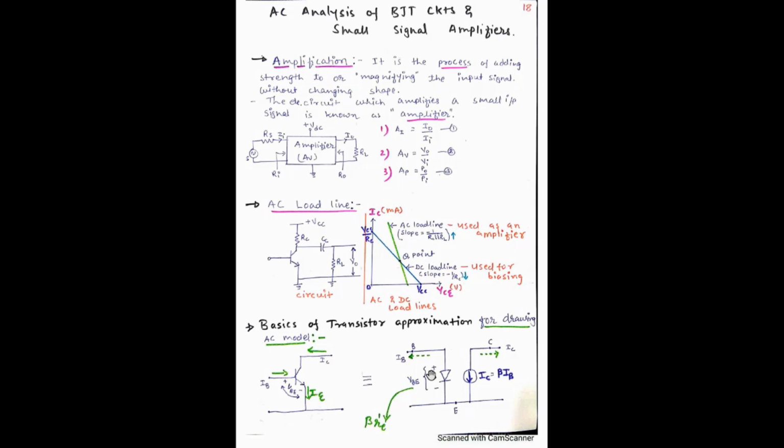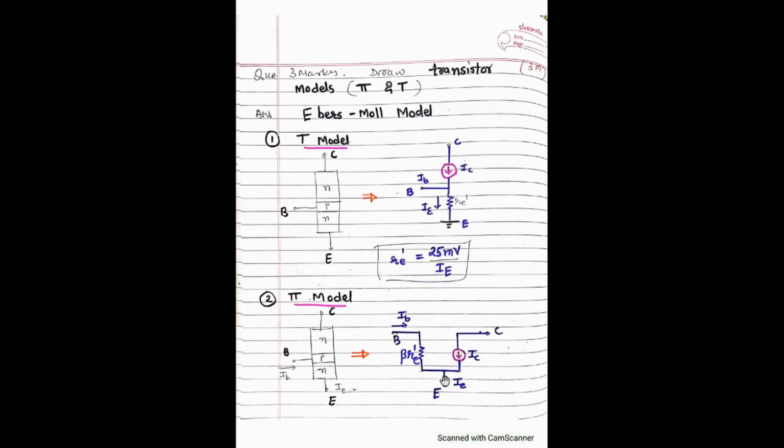The typical value at room temperature of the emitter voltage is 25 millivolt. In some reference books it is given as 26 millivolt. It is okay. We can write here 25 millivolt divided by IE. This is the standard formula of Re dash.